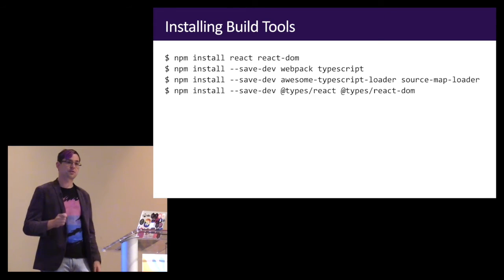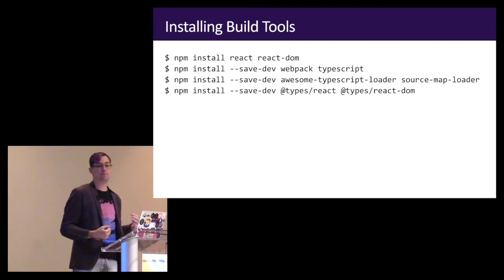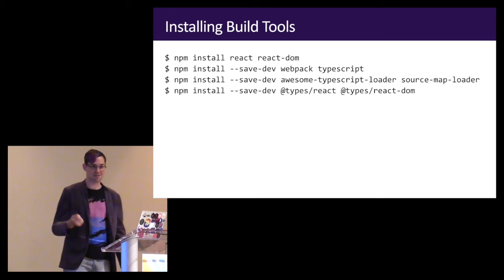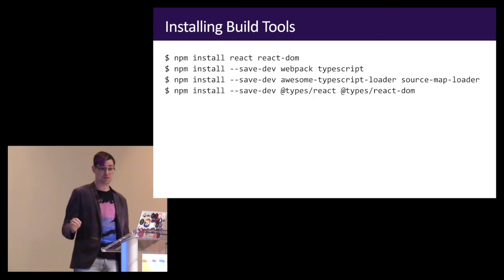So Source Map Loader is really important for debugging your code. Whenever you have your web page loaded up in Chrome, you have your Chrome DevTools open, you don't want to have to debug the compiled JavaScript. If nothing else, it's because it's one file that is probably 15,000 lines long. That's kind of a pain. What you want to do is debug the original TypeScript files, even if you're running the compiled JavaScript.